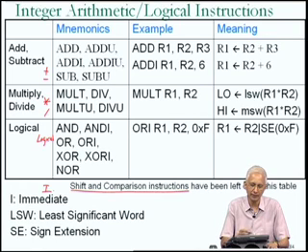Now in the terminology used in the meaning column over here, I have used LSW and MSW, which I would like you to read as least significant word and most significant word. And finally, I have used SE to stand for sign extension.